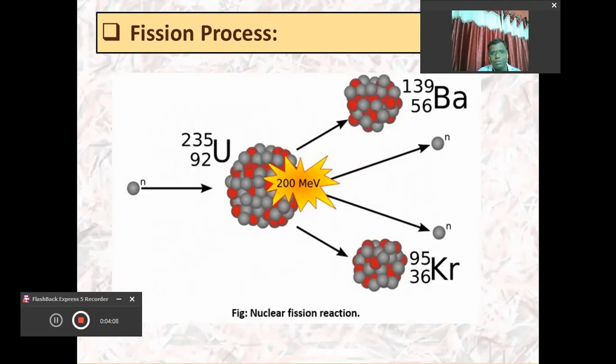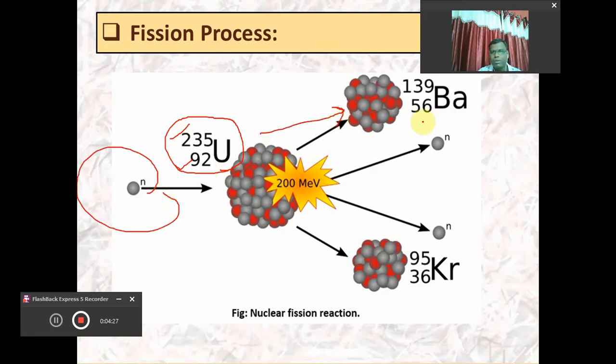Dear friends, this is one example that indicates the conversion of heavy nuclei into lighter nuclei. This is uranium 235, having mass number 235 and atomic number 92. Whenever it is bombarded with a slow neutron, this uranium gets converted into two nuclei: one is barium 139 and another one is krypton 95. These are lighter nuclei compared to uranium 235.